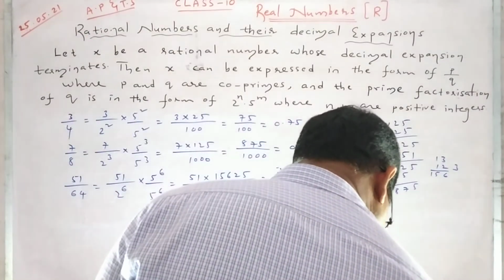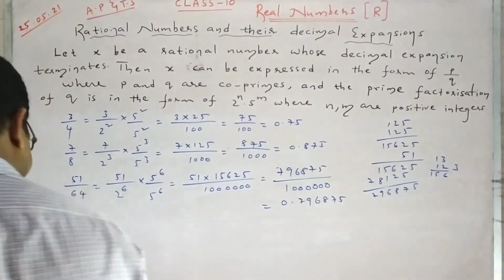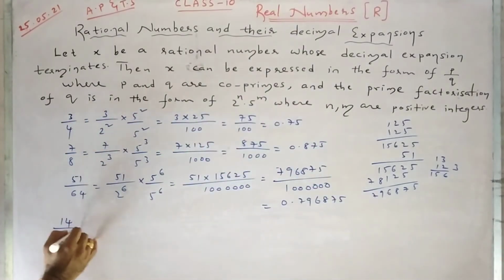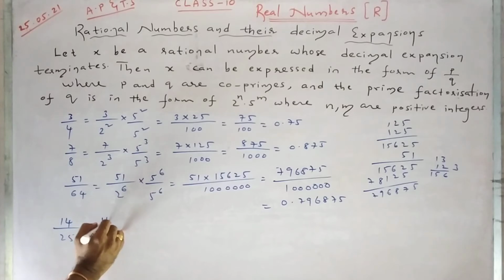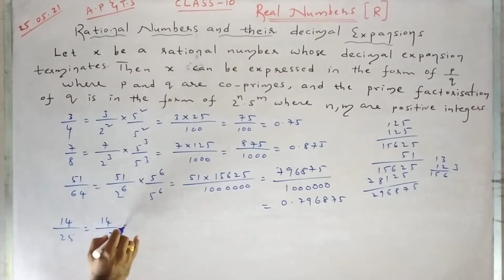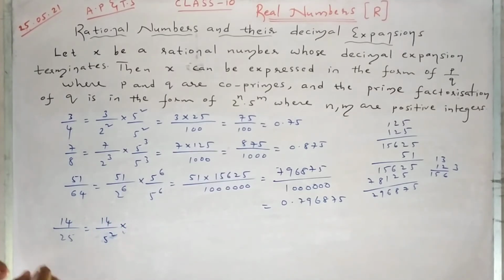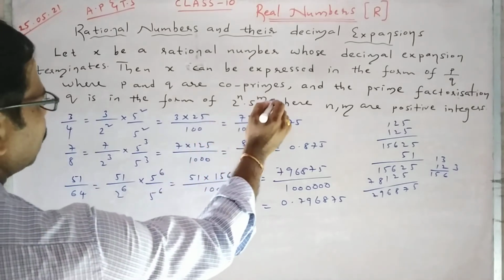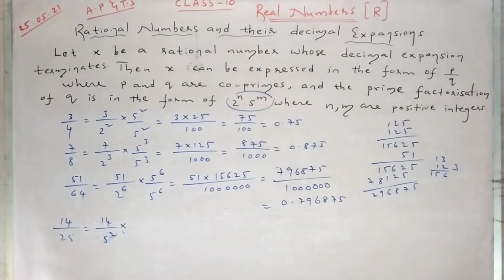Okay. 14 by 25. 25 can be written as 5 squared. So surely it is a terminating decimal. How do we know that it is a terminating decimal? Because observe the denominator. The prime factorization of the denominator is of the form only powers of 2 or only powers of 5 or both.